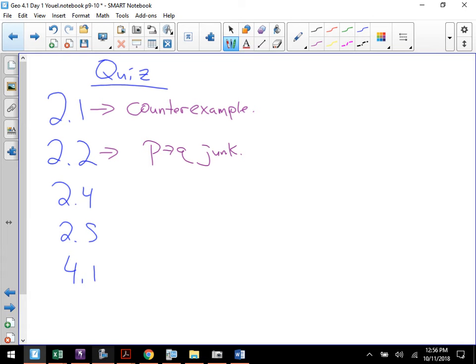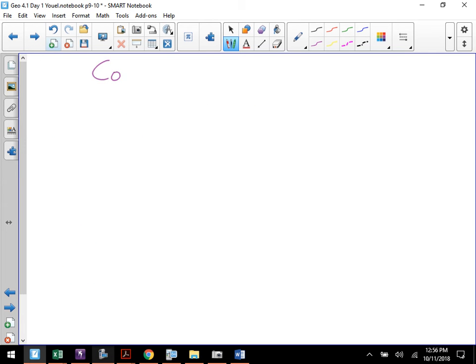We did conditional, converse, inverse, contrapositive. So we took statements and turned them into an if-then statement. And that's where it comes from. That's the idea of this. Remember, we did this thing called a conditional.